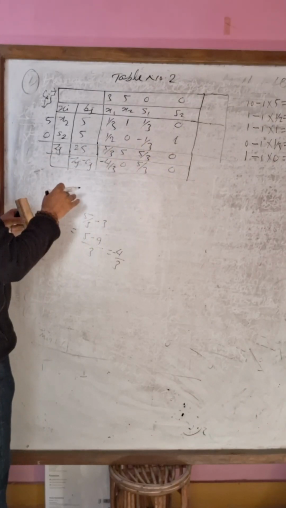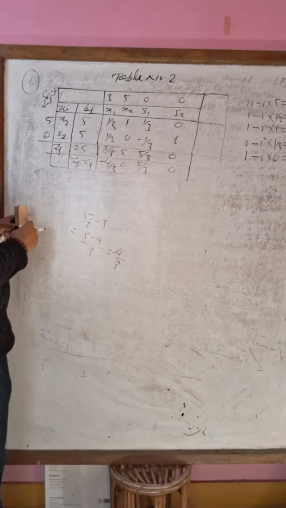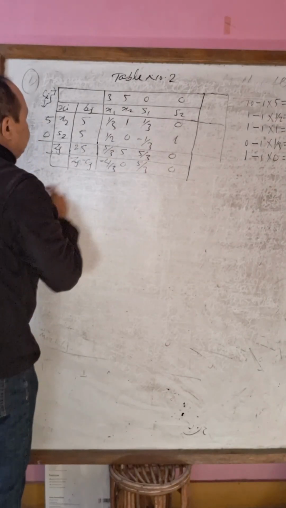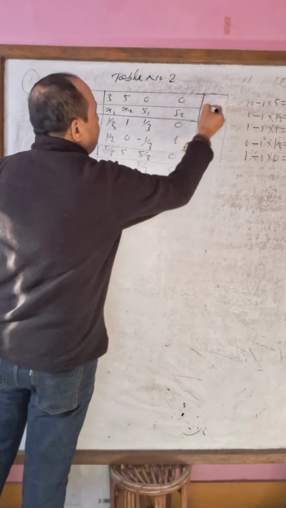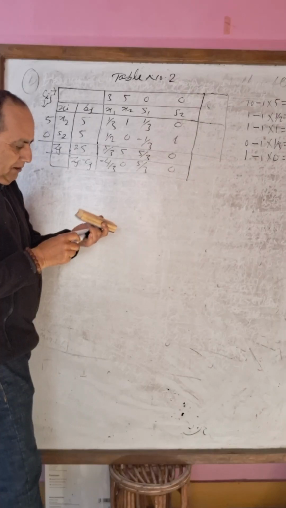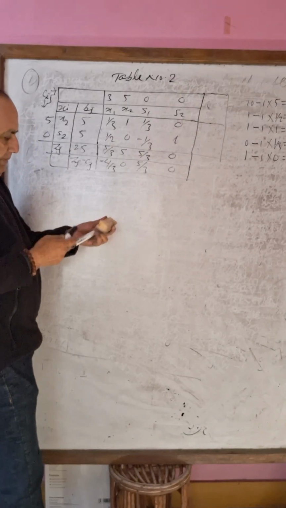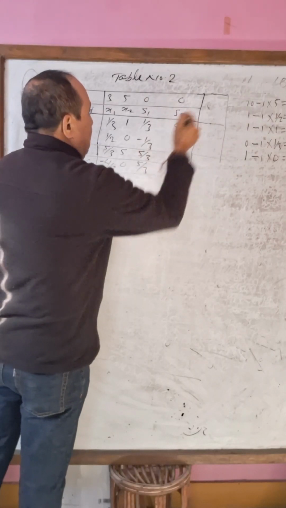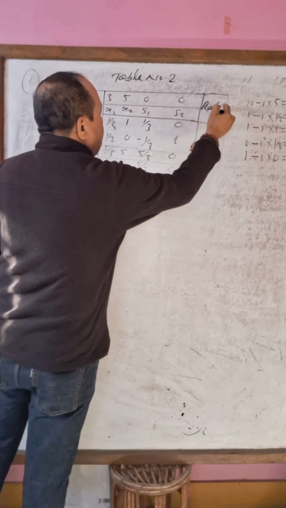If any negative value is there, we proceed ahead. Now, to proceed ahead, you need to calculate the ratio value. Now you calculate the ratio value.